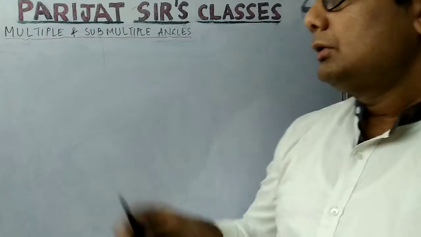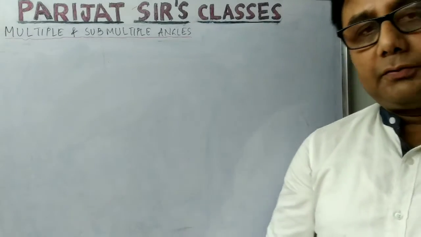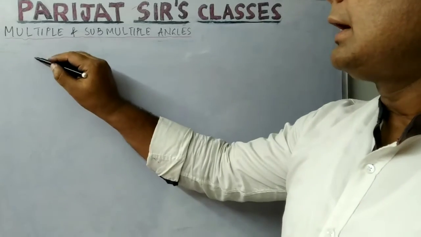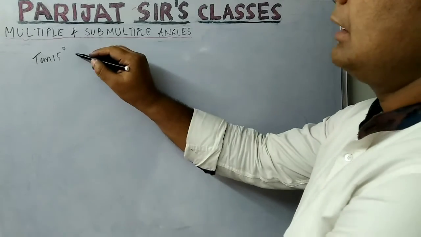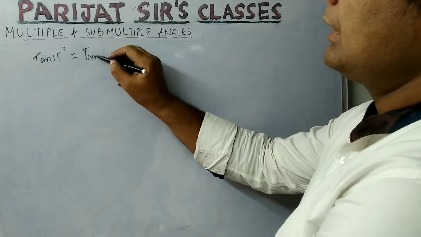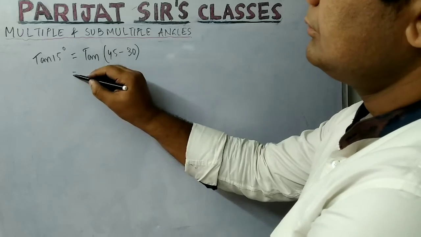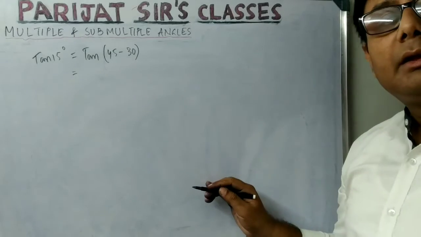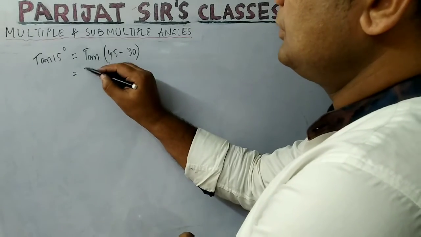You have already seen how to calculate sine 15 degree and cos 15 degree. So you can easily calculate tan 15 degree. I'll show you. Tan 15 you can also calculate as tan of 45 minus 30. So this is tan A minus B's formula. What is tan A minus B's formula?